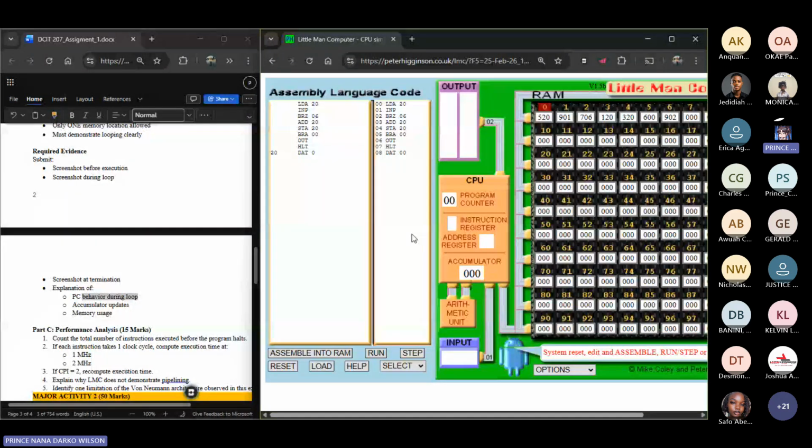Let me share the window instead. I know that sharing the window is always worse than sharing the screen, but if this is what will happen, let me try sharing the window instead of sharing the screen. It's now on.